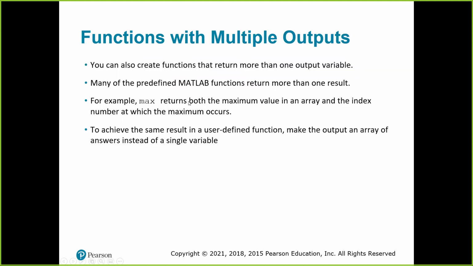Functions with multiple outputs. If you have multiple outputs, we've encountered this already in the max and the min. If you assign the output of the max and min to two variables, the first one receives the maximum value, and the second variable is assigned the location.